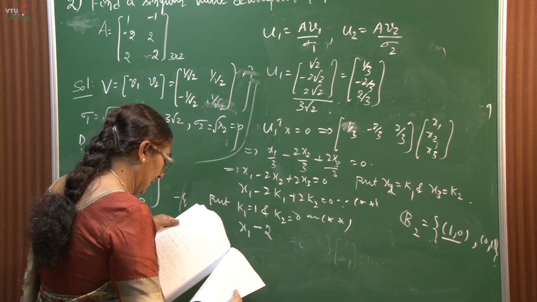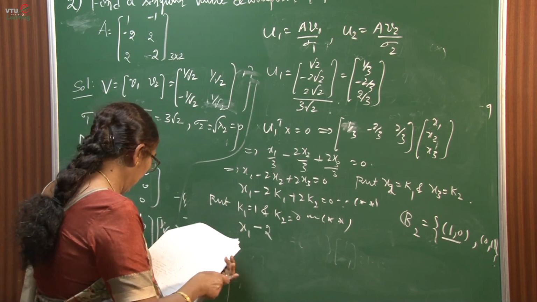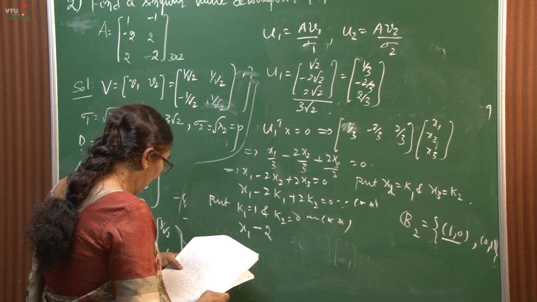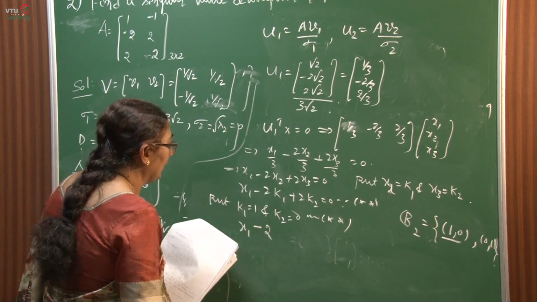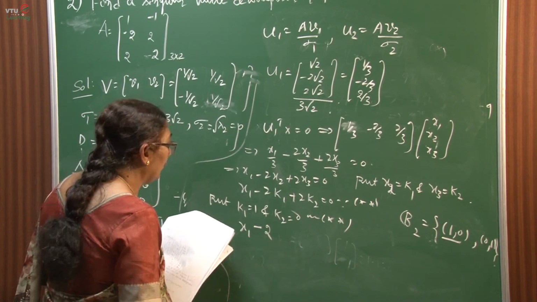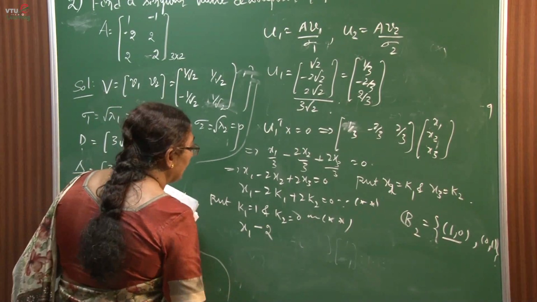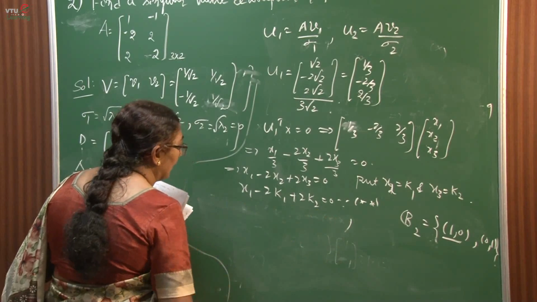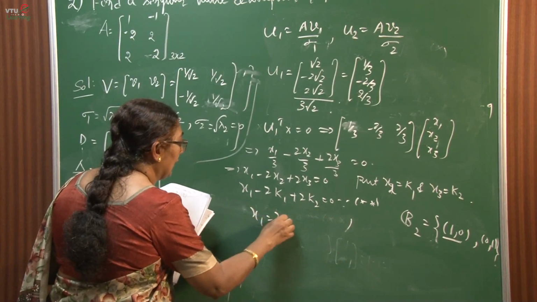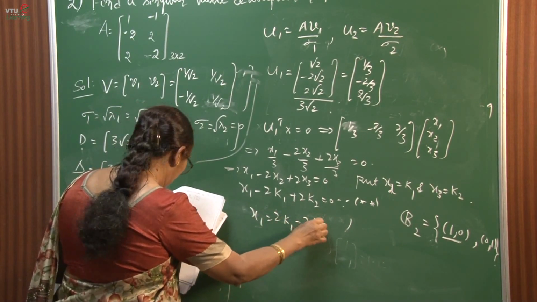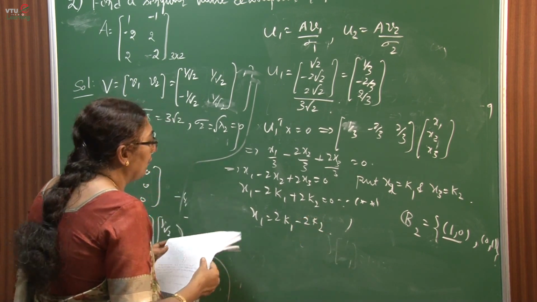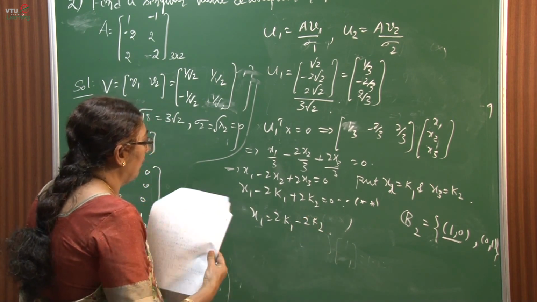First, let me simplify this. Once you put k1 and k2, first I write whether the value I chose is correct. x1 is 2k1 minus 2k2. Okay, fine. Now I choose the values.